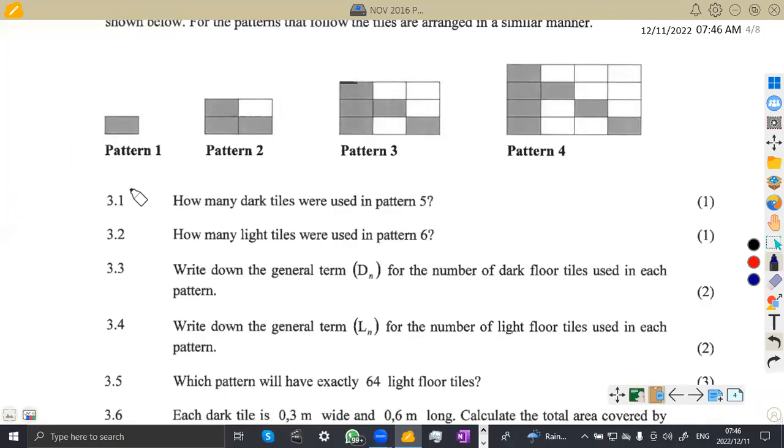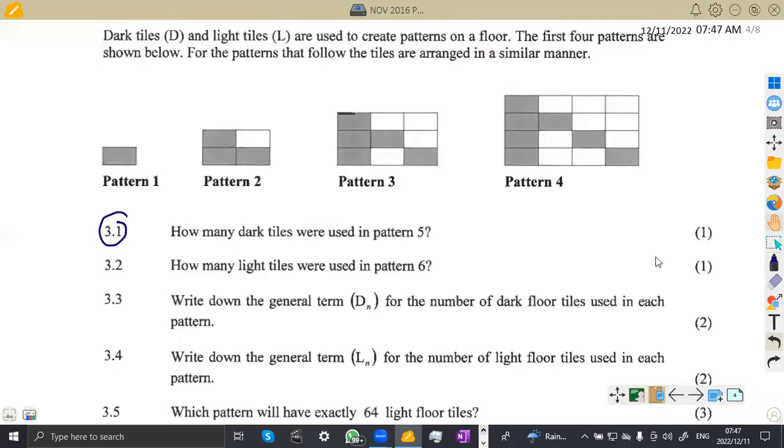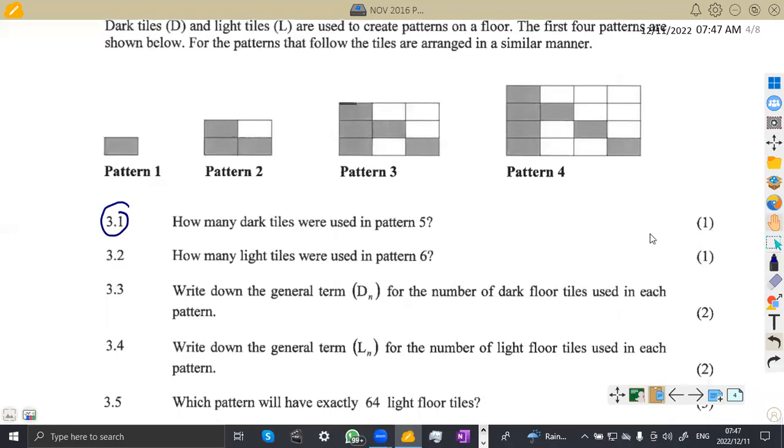So the question, 3.1, is how many dark tiles were used in pattern 5? Okay, so what can we simply see here? We can work this out. For the first one, we had 1 dark tile and 0 light tiles. On this one, we've got 3 dark tiles and 1 light tile.